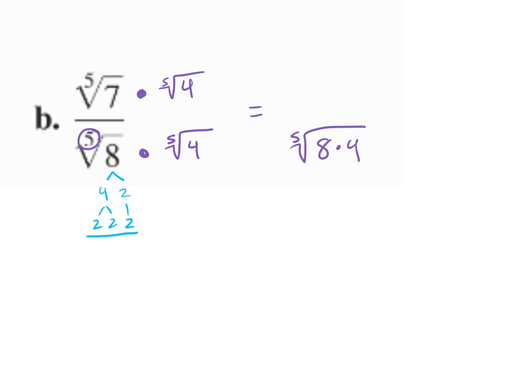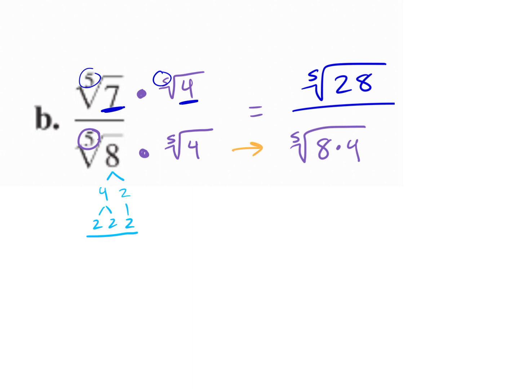Does everybody see what I did there? What would the top become? The fifth root of 28, perfect, because we keep the radical but multiply the inside parts together. So that gave us 28.